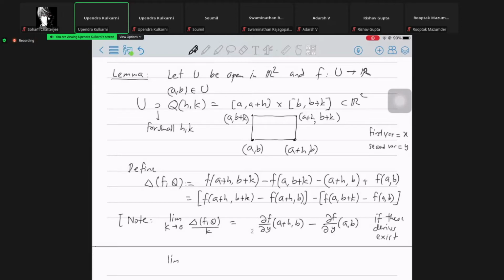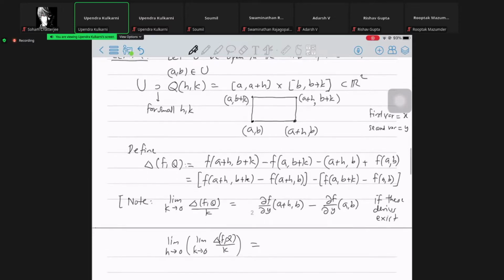And then therefore the limit as H approaches 0 of the above thing, the limit as K approaches 0 of delta F divided by K. What will that be? Oh, sorry. What is missing over here? We didn't divide by K. So I have to divide this whole thing by K, and divide this whole thing by H. What will that equal?